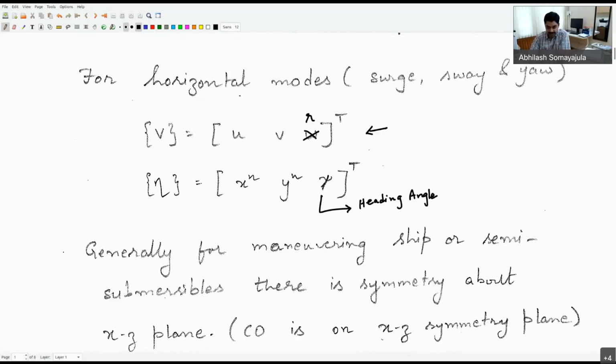Generally, for a maneuvering ship or a semi-submersible or offshore structure, there is symmetry about the XZ plane. If I have a vessel such that this is the x-axis, the y-axis is this way, and the z-axis is pointed down, then there is a symmetry in the XZ plane, so that the ship looks like a mirror about the XZ plane.